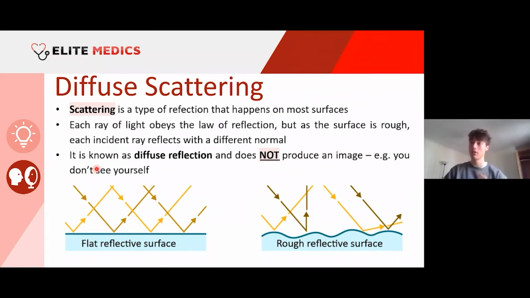They all come in at a certain angle and come out at another angle. In this case, because it's a rough surface, it's way more irregular, and it leads to very different reflected rays. So that's what we call diffuse reflection.